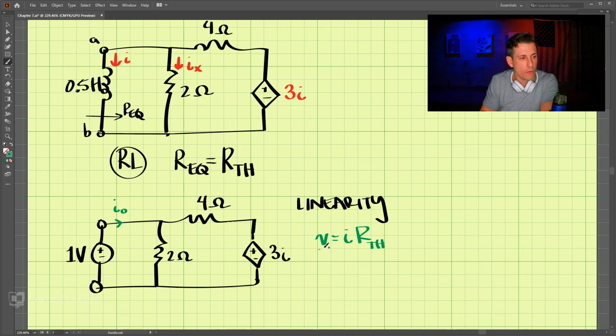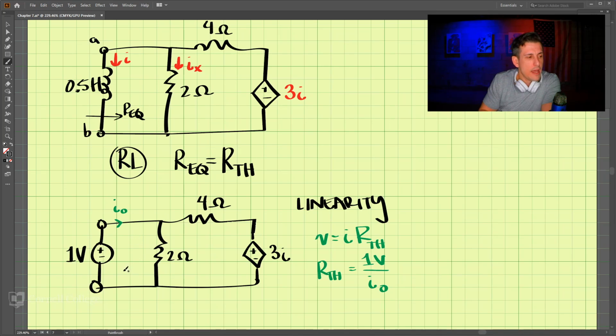So if we know the voltage, 1 volt, R Thevenin will equal the 1 volt divided by the current I naught. Okay, so that's how we'll use linearity here. So let's keep going.